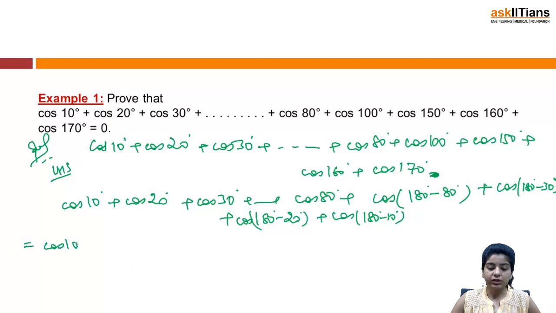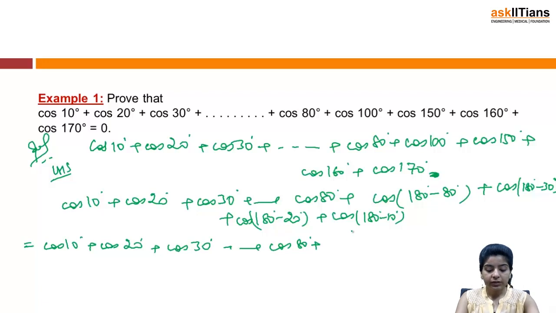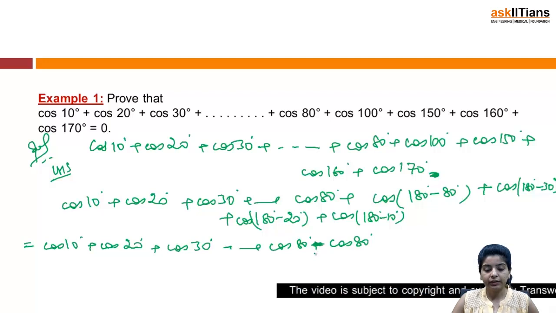This is equal to cos 10 plus cos 20 plus cos 30 plus cos 80 plus, now what about cos 180 minus 80? That is 180 minus theta, and if you remember, we have just now discussed that in case of 180 minus theta, the trigonometric function does not change, so it will remain cos, and we will have a negative sign depending on the quadrant in which it is lying.